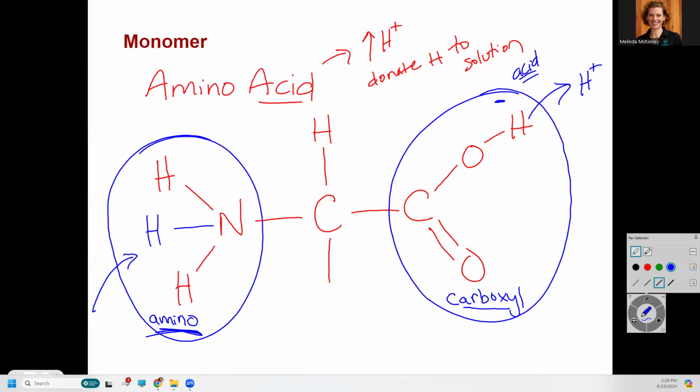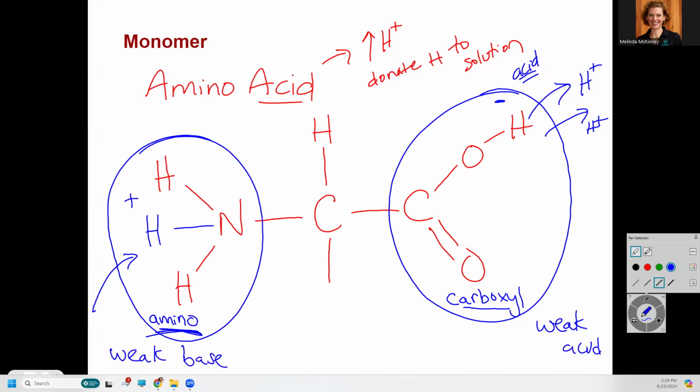And so this, if it takes it up, will actually have a positive charge. So this molecule can donate hydrogen, so it acts as a weak acid, and it also acts as a weak base, depending upon the solution.